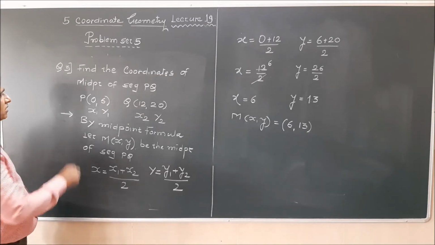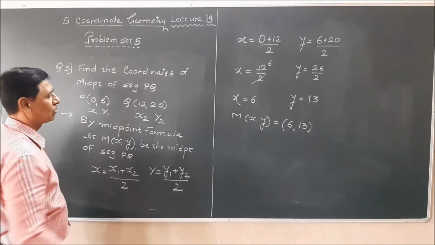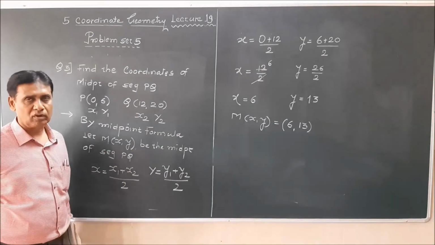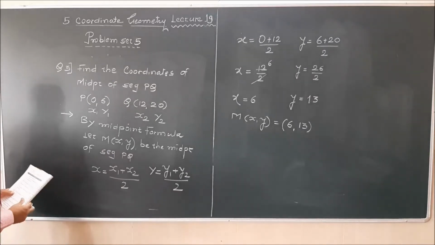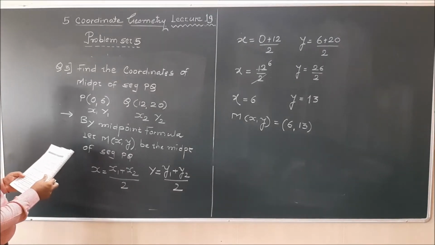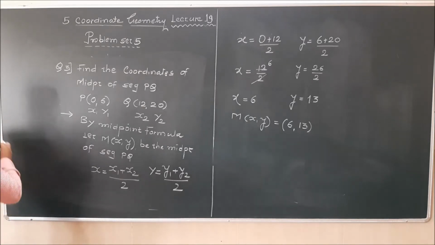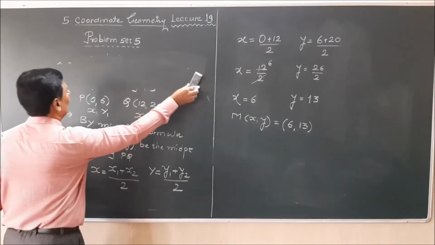P has the coordinates 0, 6, and Q has the coordinates 12, 20. So this is how we have solved question number 3 of problem set 5. Now see here question number 4.